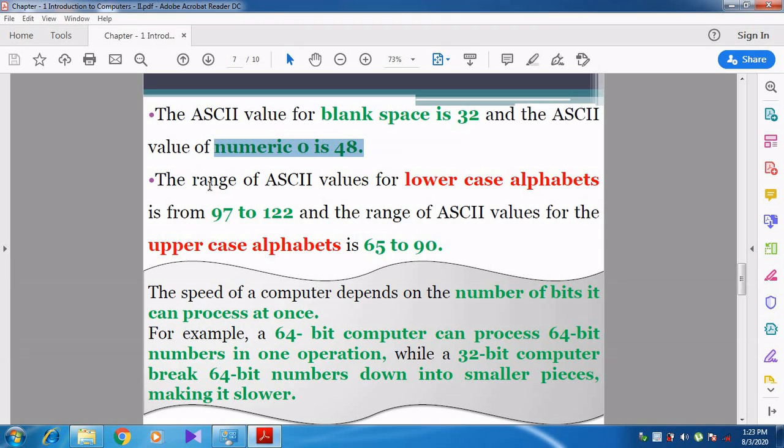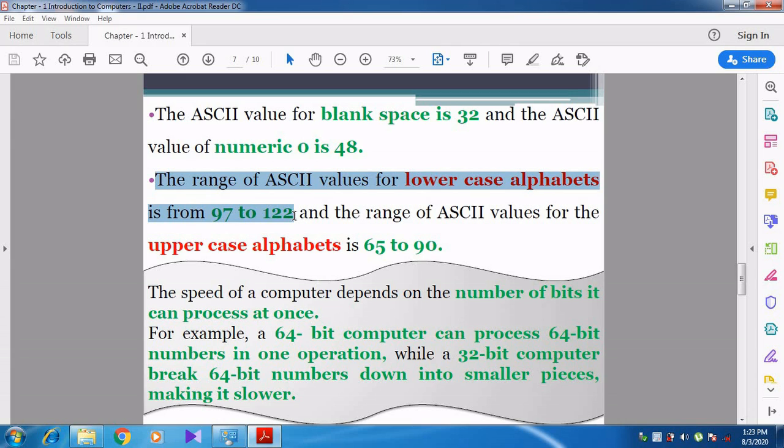Like that, the range of ASCII values for lowercase alphabets. What is meant by lowercase alphabets? Lowercase means small letters. Whenever we type small letters a to z in the system, they are converted to 97 to 122.